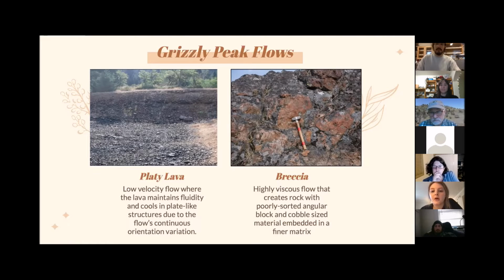And then over here, we have our breccia. And this is what a majority of the cliffs are made of. But the platy lava and the flow are also all related to the breccia. It's all pretty much the same composition, so it's relatively close. But here we have a super chunky flow, highly viscous. It's like slow moving honey.